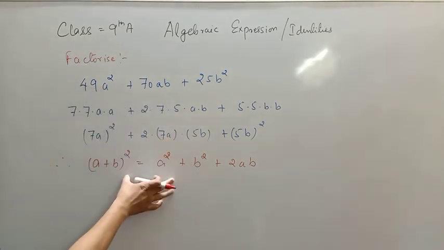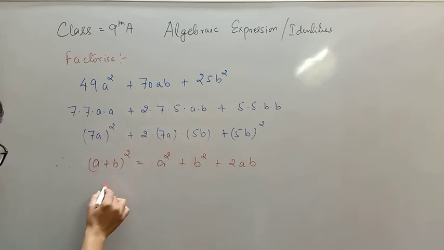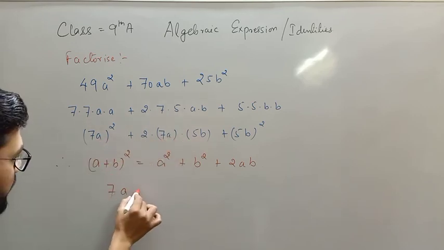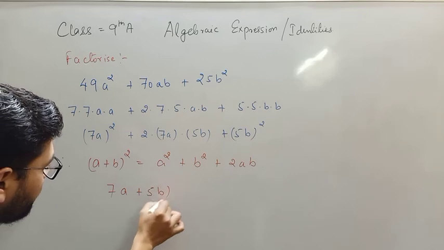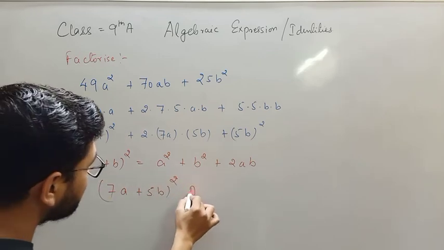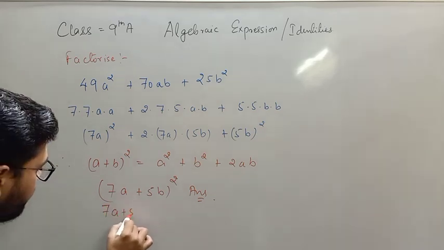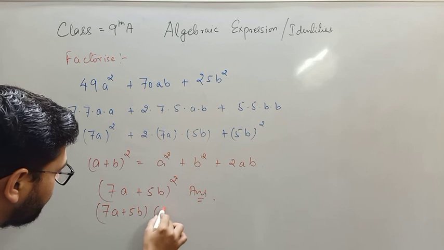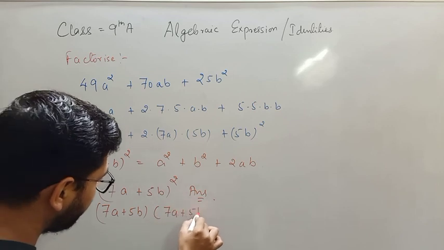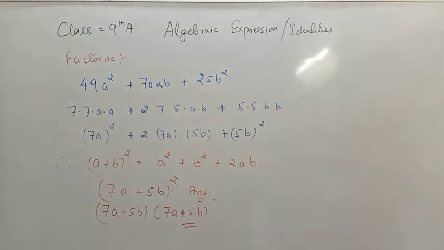After applying this identity in this algebraic expression, I can write the answer 7a plus 5b whole square. This is your answer. Note it down fast. Or you can write 7a plus 5b into 7a plus 5b. Both are the same things.